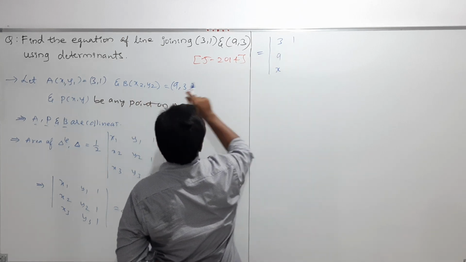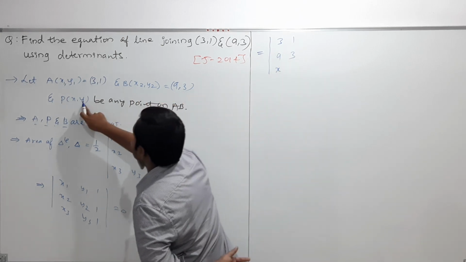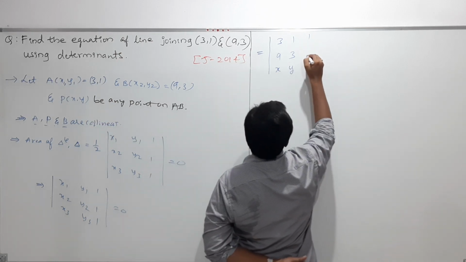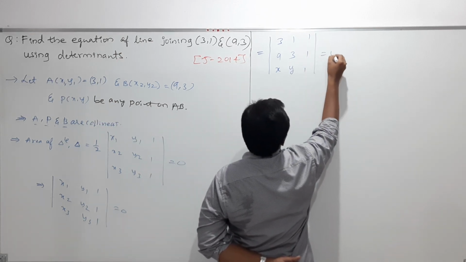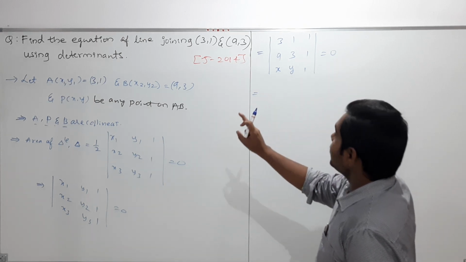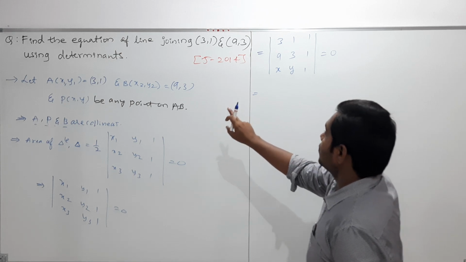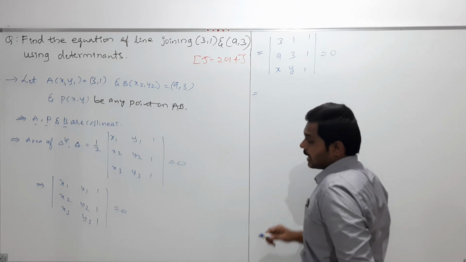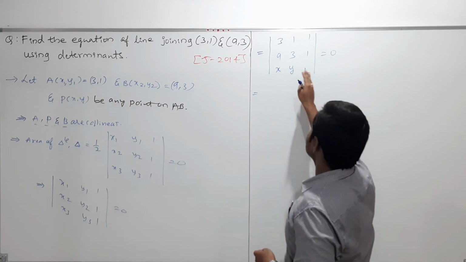And what is y2 here? 3. And y3 is y. And the remaining 1, 1, 1, equals 0. Clear? 3, 9, x; 1, 3, y; 1, 1, 1. Now solve this by the usual determinant method.